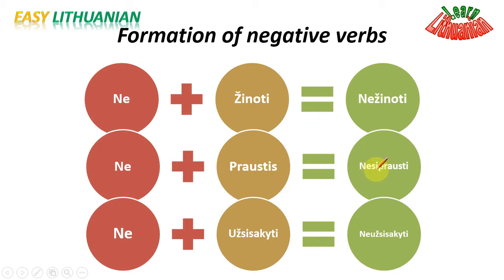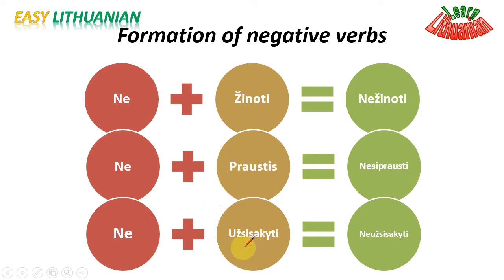If a verb has a prefix, the si particle will be between the root of the verb and the prefix. So, you have praustis, to have a bath, you add ne, and you get nesiprausti. Not to have a bath, nesiprausti. Si goes between the prefix and the verb because it's a reflexive verb.